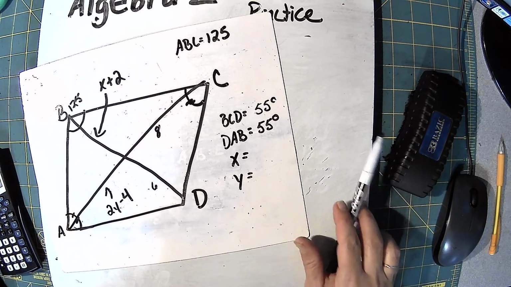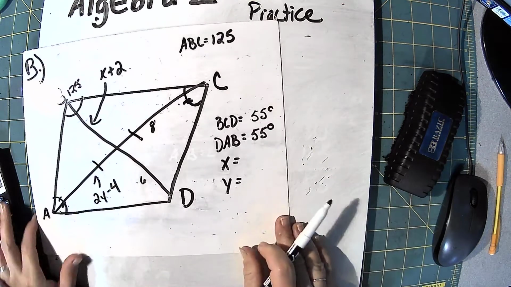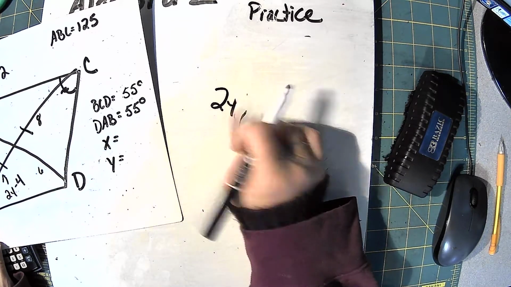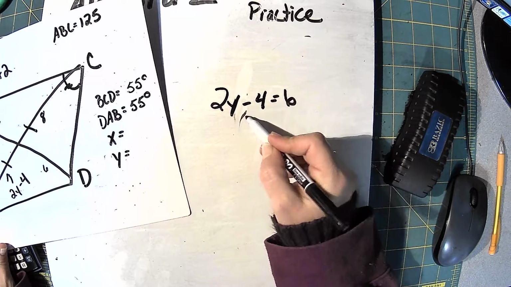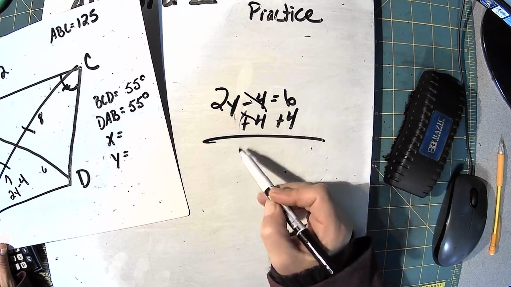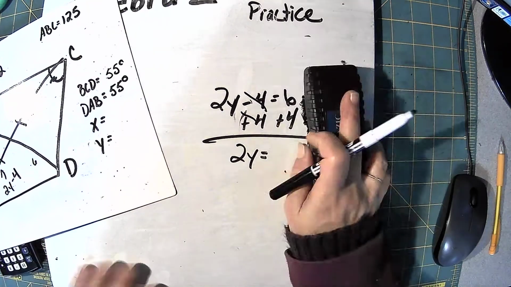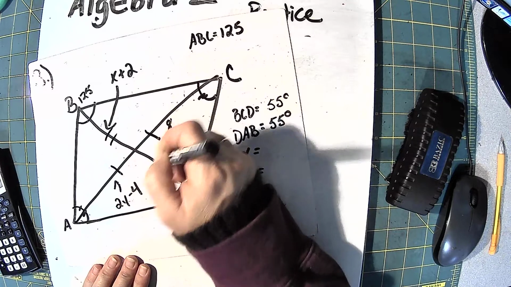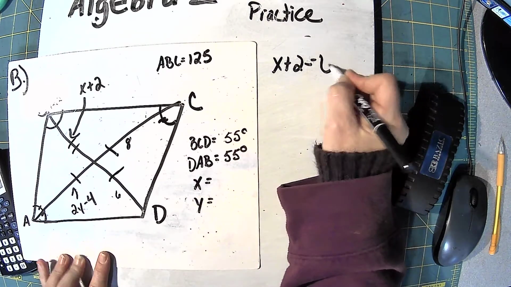So we've got this and this are equal, so we can say 2y minus 4 equals 6. Oh, not 6, whoopsie. Let's do x first. Alright, x plus 2 equals 6. There we go.